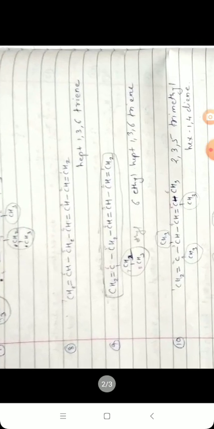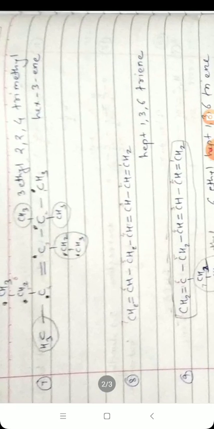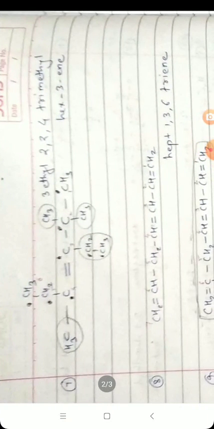Okay, see the next example. See in this example the numbering is given from the left side. 1, 2, 3, 4, 5 and 6. In this case, we can count from any side. The double bond is present on the third carbon.